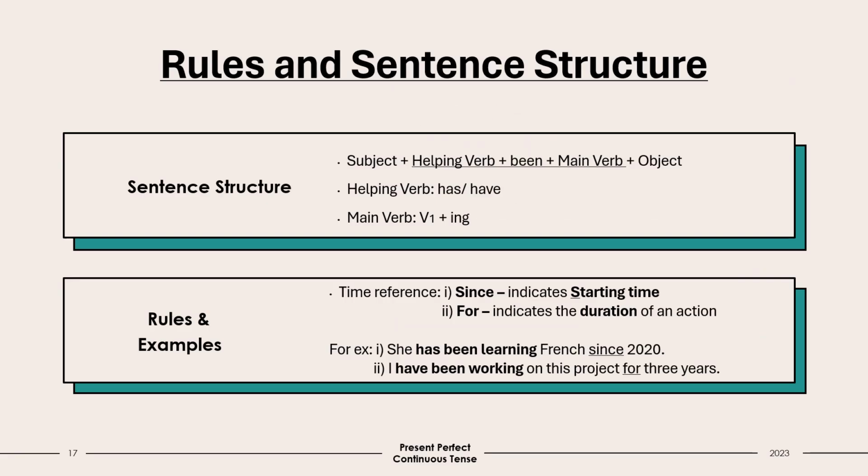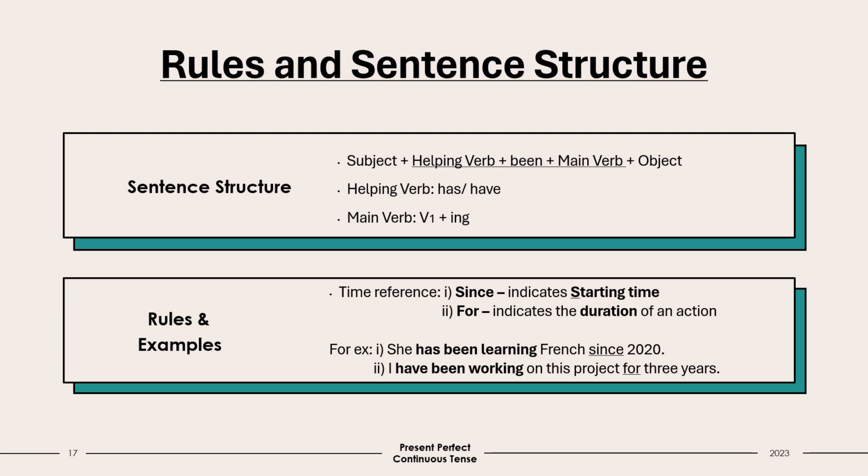Now let's discuss the rules and the sentence structure. Now here, if you look at the name of the tense, perfect continuous, you can easily figure out that it's a blend of two tenses, perfect tense and continuous tense. So you know that with perfect tense we use the helping verbs has or have. So we are going to use the same here.